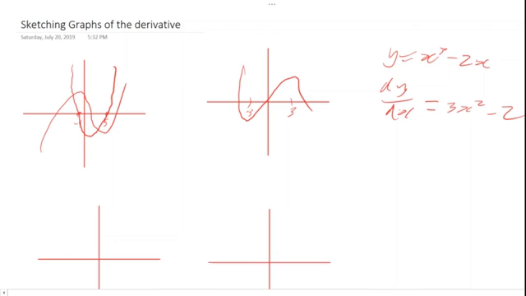Between -3 and 3, it's a positive gradient, with these stationary points where the gradient's obviously 0. So we know that between -3 and 3 is the only bit where there's a positive gradient, so we can draw a parabola facing up like that.